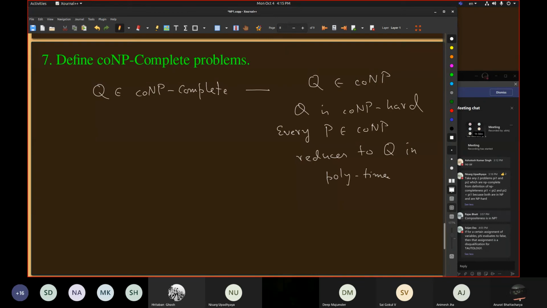So in some sense, if I look at the complement of this Q, the complement is in NP and the complement is NP hard.